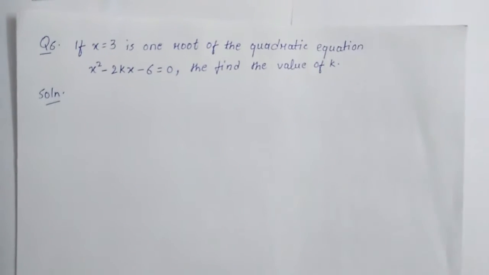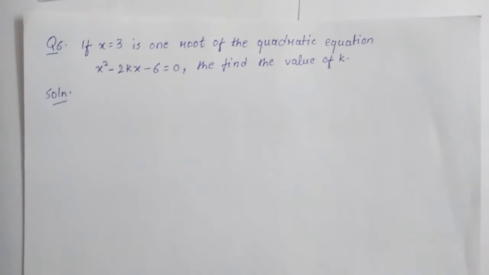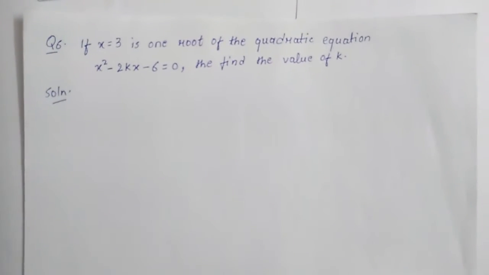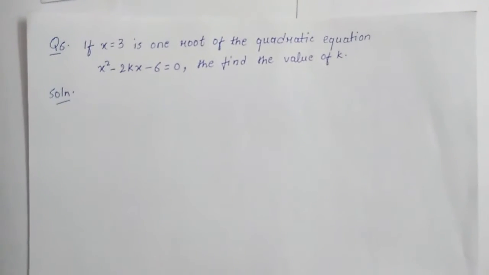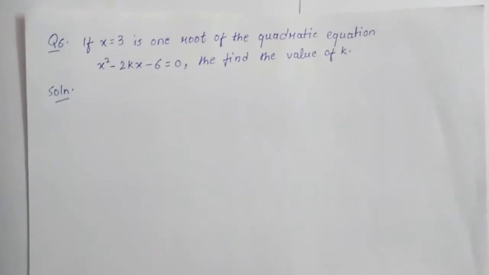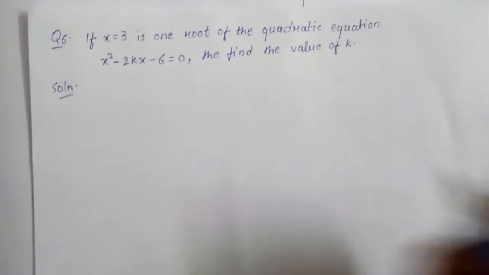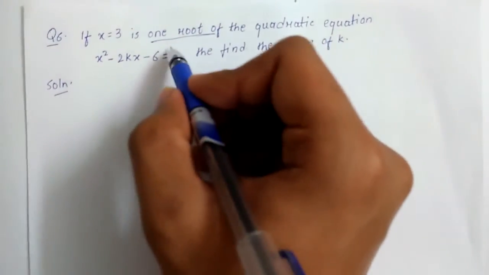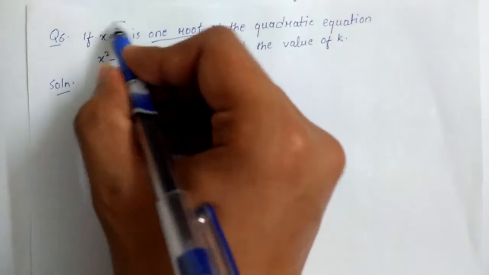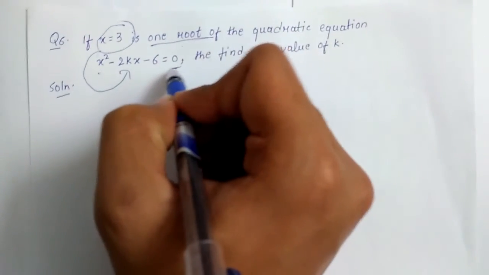So the next question is, if x equal to 3 is one root of the quadratic equation x square minus 2kx minus 6 is equal to 0, then find the value of k. You are given x equal to 3 is one root of the quadratic equation. One root means if you substitute x equal to 3 in this equation, it should give the value 0.